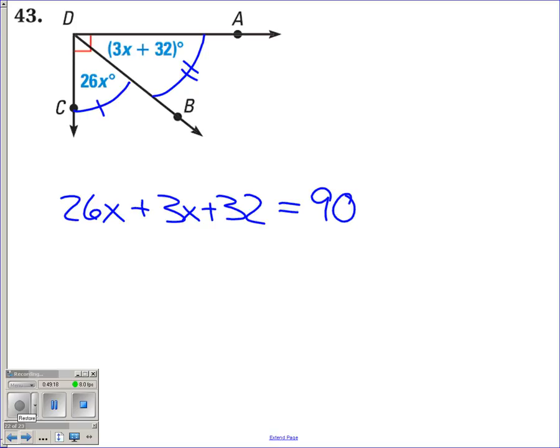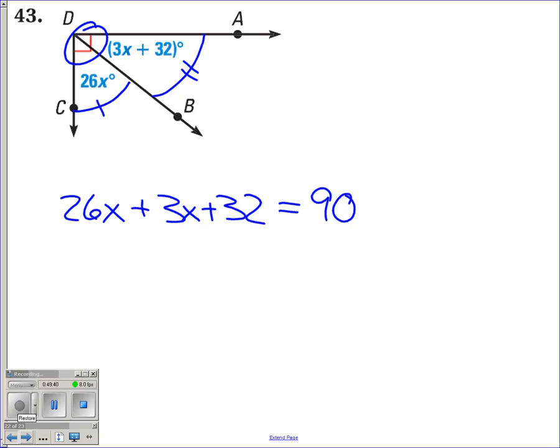The only time that we set these two angles equal to each other is if it says that this ray DB is an angle bisector. But it's not telling us that it's an angle bisector. It's just showing us that this is going to be complementary. So we have to add them together and set equal to 90.